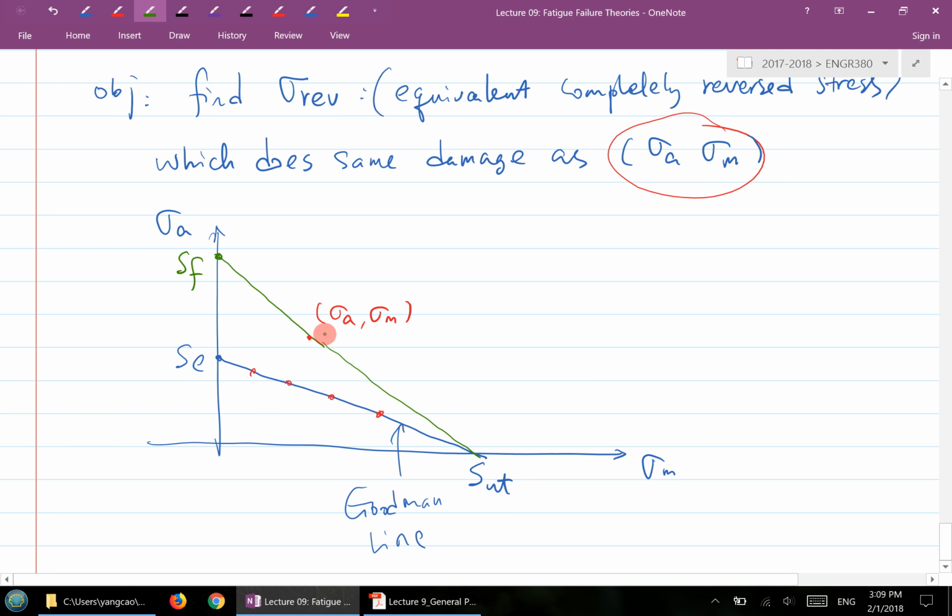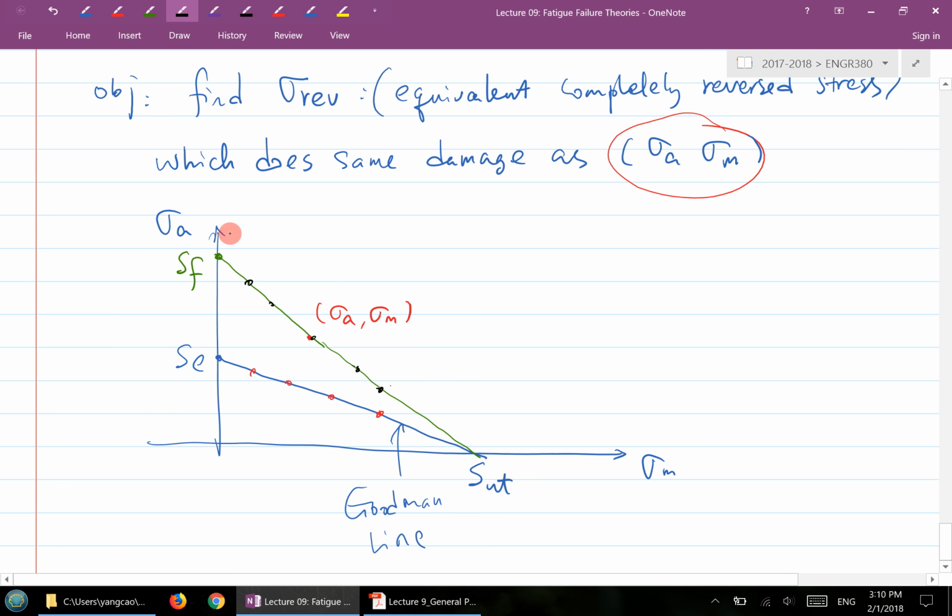If I use a similar analogy, if all of the red dots here have 10 to the power 6, then all the black dots here should also have the same number of cycles to failure.